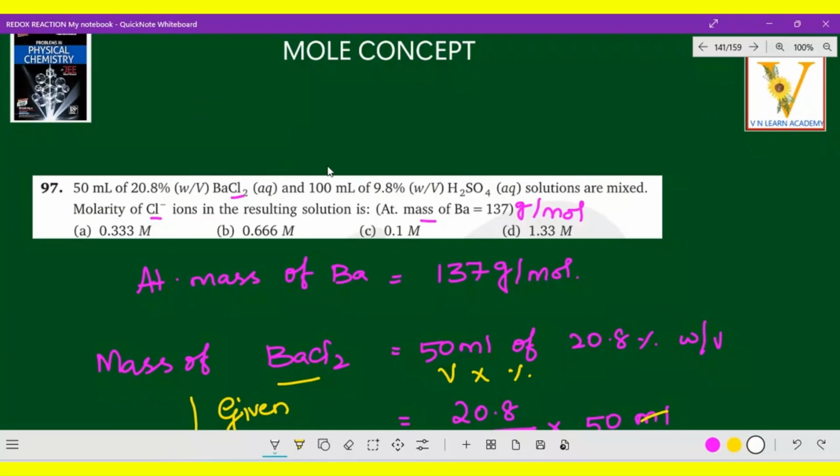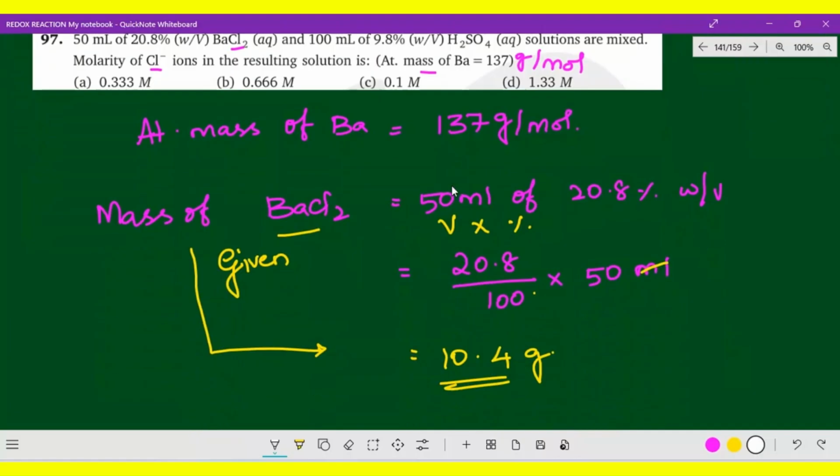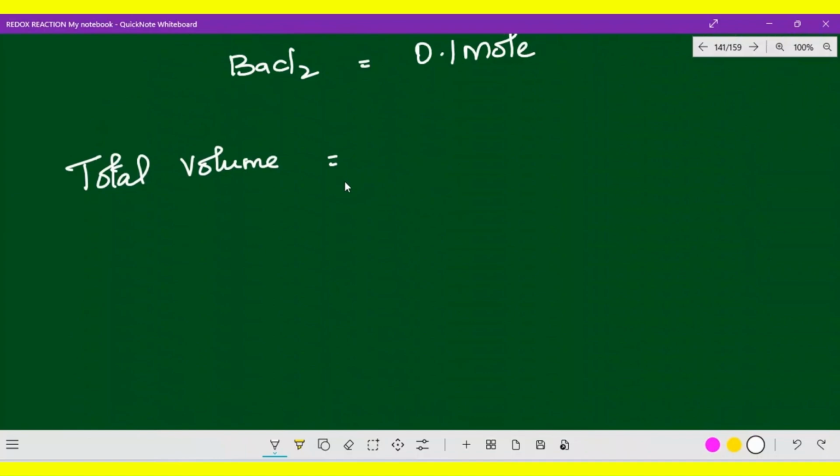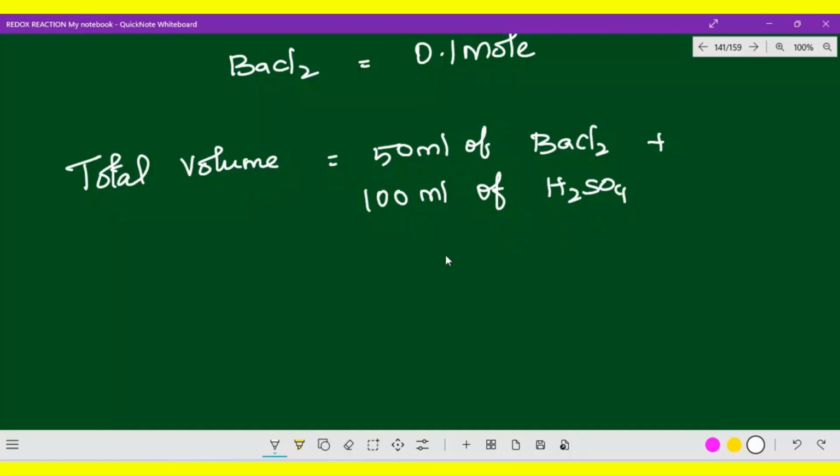Next, 100 ml of 9.8% weight by volume of H2SO4. So 50 ml of BaCl2 plus 100 ml of H2SO4, altogether you will get 150 ml. It is the total volume.